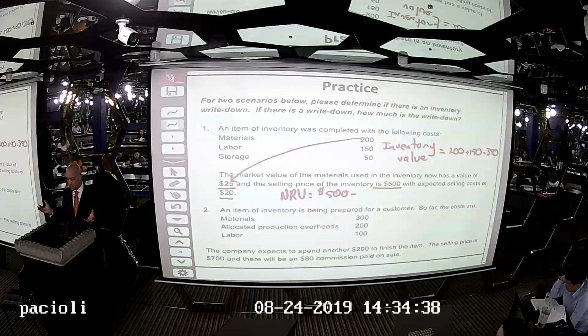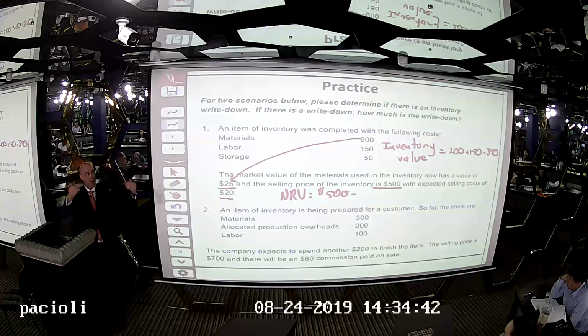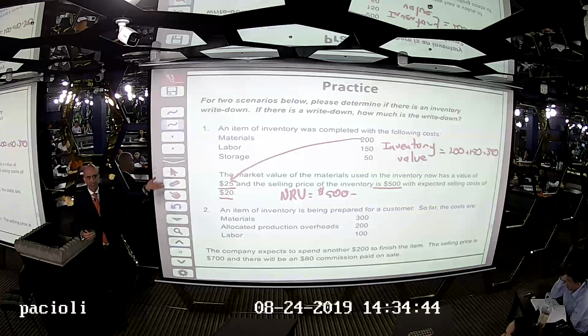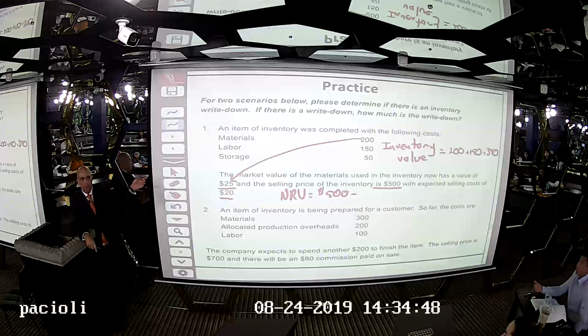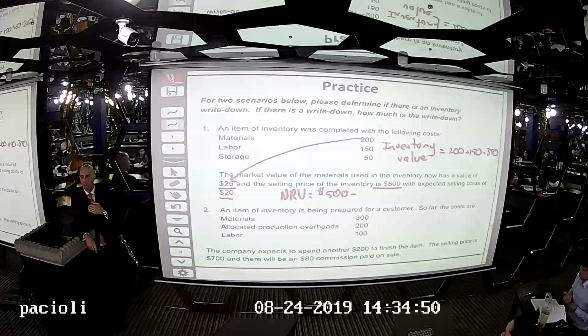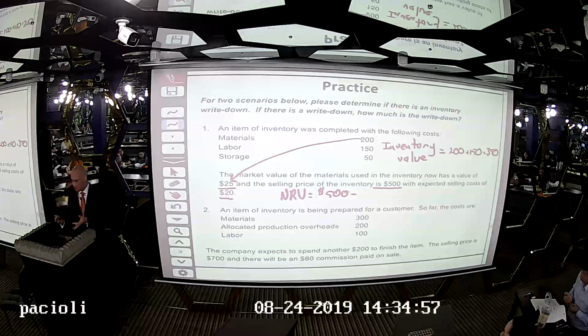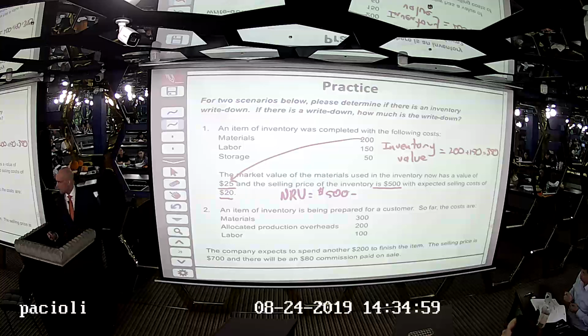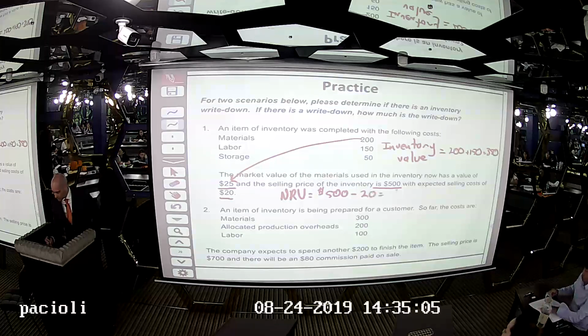Cost to complete means any more future cost to finish. The story does not mention any more cost to complete. The $350 we spent already. So cost to complete is 0. And then minus the selling cost 20. So the inventory has a value of 480.